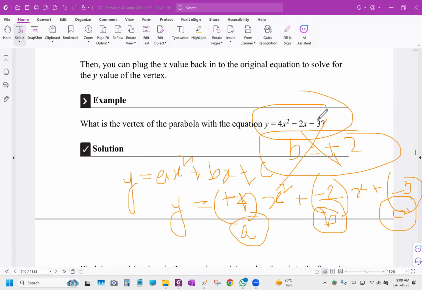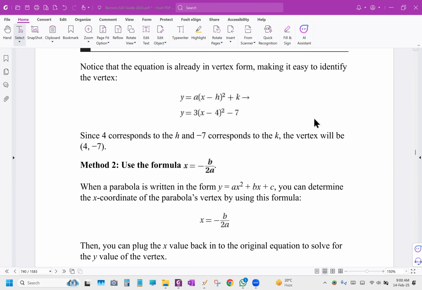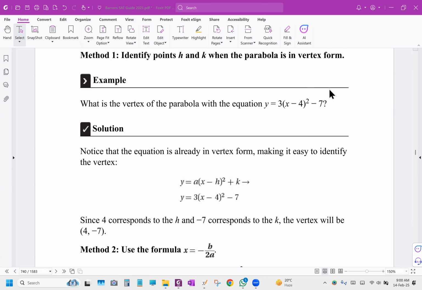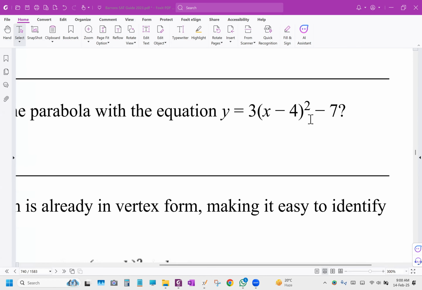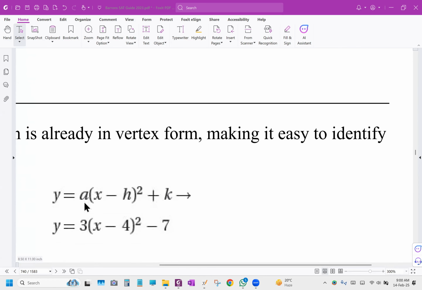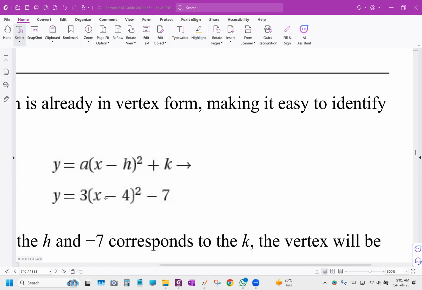Please don't mess up with the signs, because the plus minus will really give you some trouble in this case. Y equals a into x minus h whole square plus k. If it is plus 4, I have already told you, then you just need to use some curly braces, maybe.